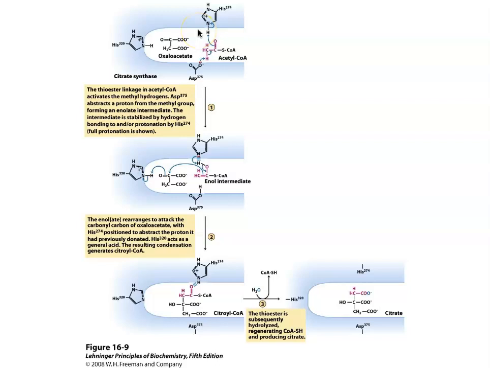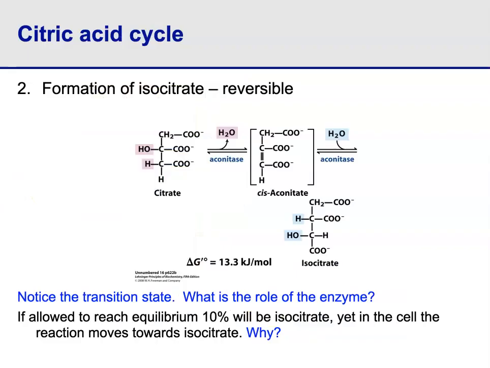I'm reminding you of that because when we talked about amino acids, we mentioned that histidine, because of its pKr being around 6, commonly is found in active sites because it can act as an acid or a base at the same time. Second reaction, isomerization of citrate to isocitrate, and the aconitase is the enzyme that catalyzes this reaction.